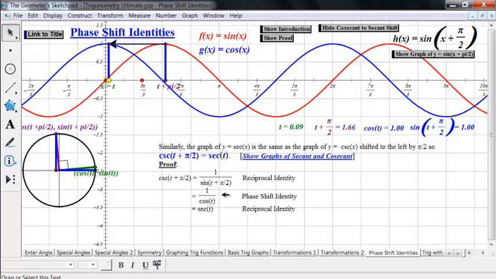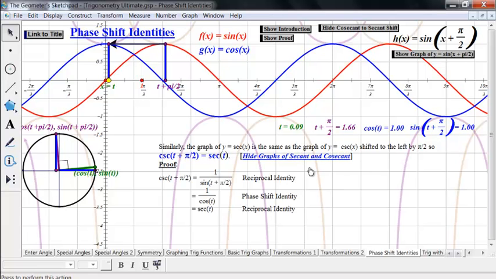By the identity we just proved, sine of t plus pi over 2 is cosine of t, and then 1 over cosine t is secant of t, and that proves our proof.